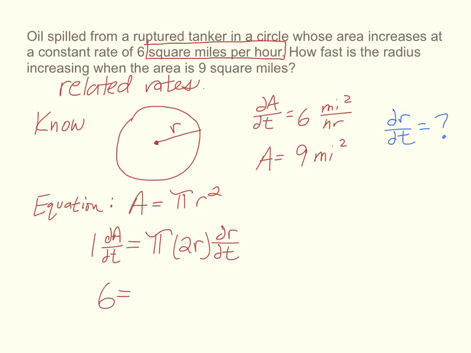So we have 6 equals pi times 2r, and dr dt is just dr dt. It looks like we need to know what r is before we can solve for dr dt. Since we know the area is 9, we can substitute that value in here for A in our original equation and solve this equation for r to get a value back for r in our derivative.